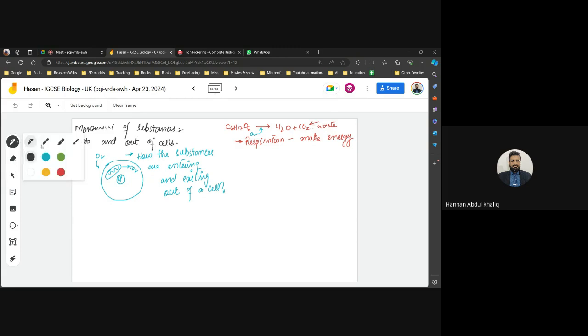So this movement of substances into and out of the cell brings some questions, like what carries out this movement?